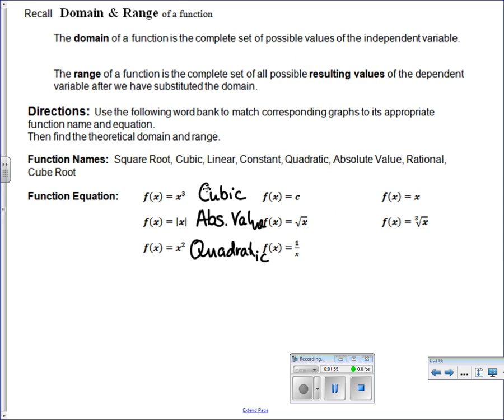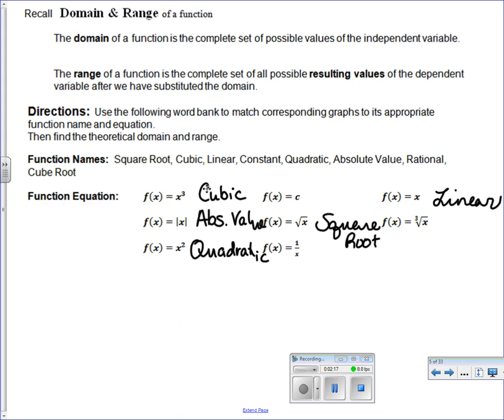Okay, this one I'm going to skip for a minute. This one we should know. Square root. Okay, anybody think they recognize this one? Linear. This is linear.